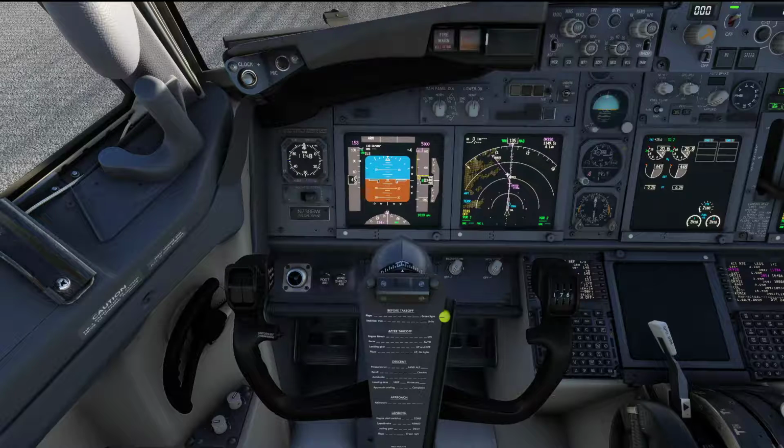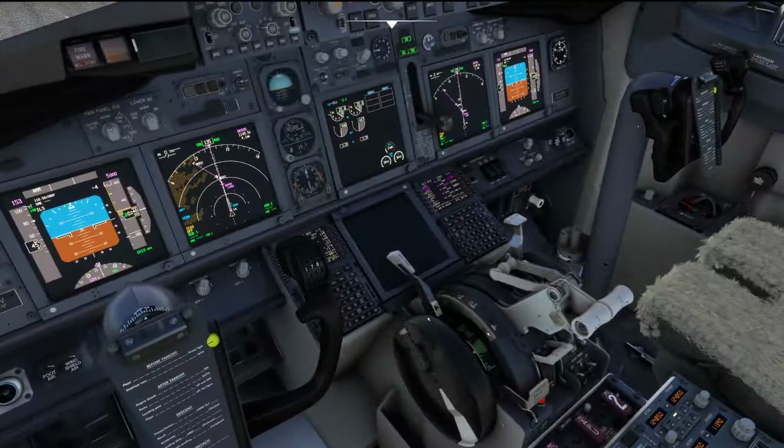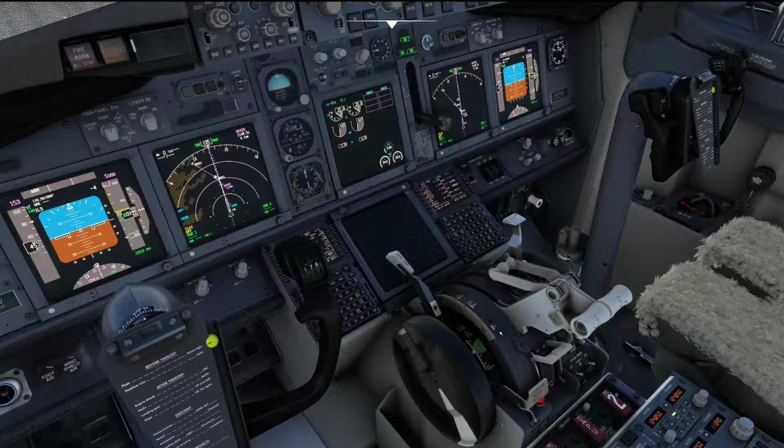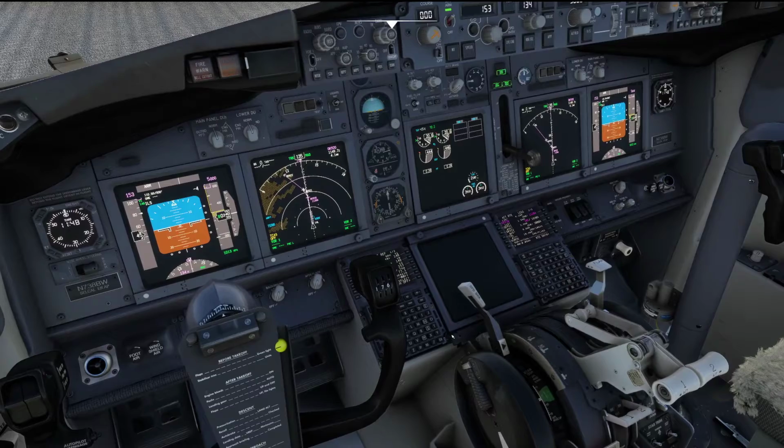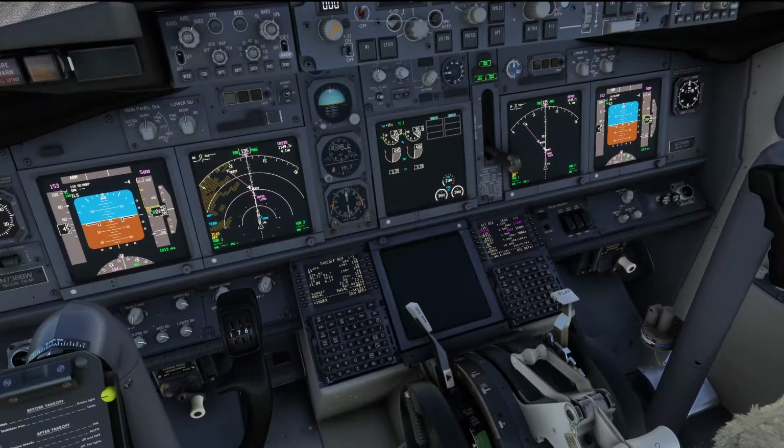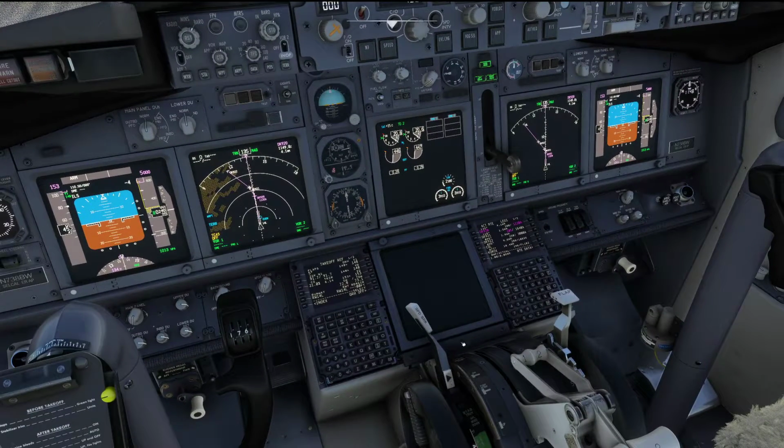The next thing up here, check your stabilizer. I can't point this out often enough, but it is absolutely very much a problem that people do forget to trim the airplane. Another thing to cross-check is your flaps. Are the flaps in the correct takeoff setting? So if we look at the Boeing 737 range of aircraft, then we will notice the tailstrike angles are quite different depending on the different flap settings and the different aircraft types.